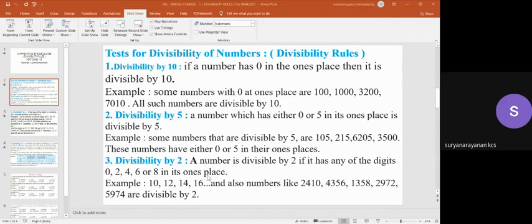Any one of these 5 digits should be there in ones place in the given number. Then the given number is said to be divisible by 2.